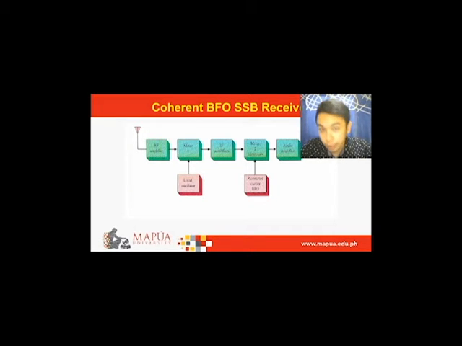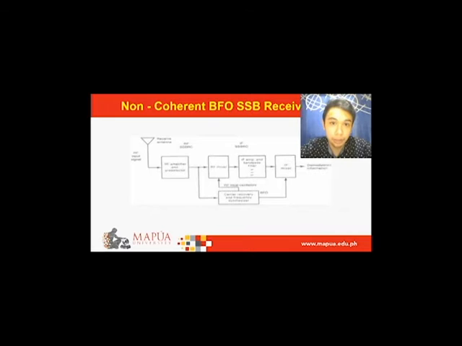So there are two types of BFO SSB single sideband receivers. This one is the coherent one, which is the same as the one I showed earlier, and this is a non-coherent BFO SSB receiver.